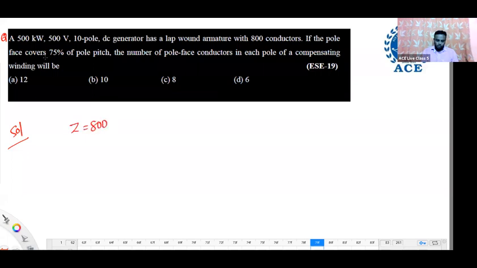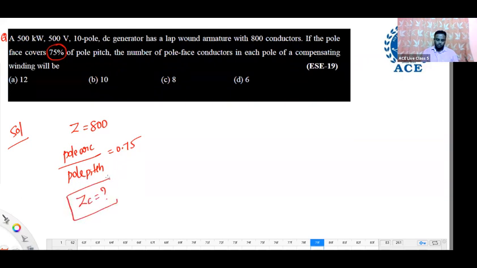If the pole face, meaning pole shoe, covers 75% of the pole pitch, meaning pole arc to pole pitch ratio is given. How much is it? 75% means 0.75. Pole arc to pole pitch. Find the number of conductors in each pole of a compensating winding. How many conductors are required in the compensating winding? That is the question. How can you find it?